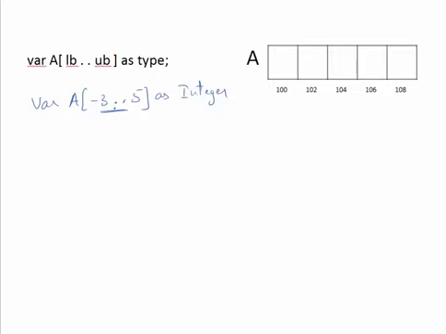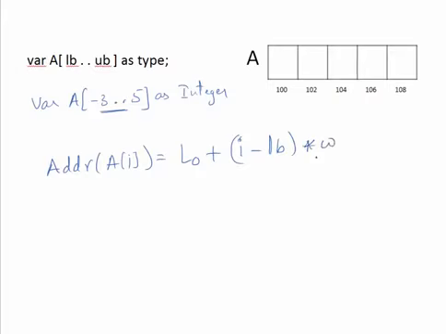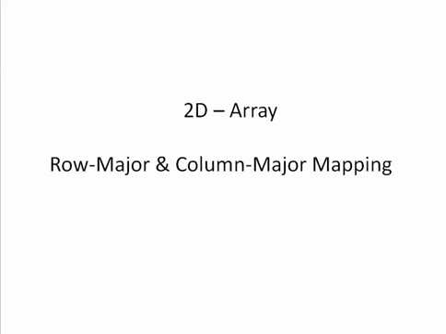If the compiler allows it, then what will be the formula? The address of any location A of I can be obtained by taking L0 plus I minus lower bound into word size. This will be the formula for any starting index. That's all for one-dimensional arrays.